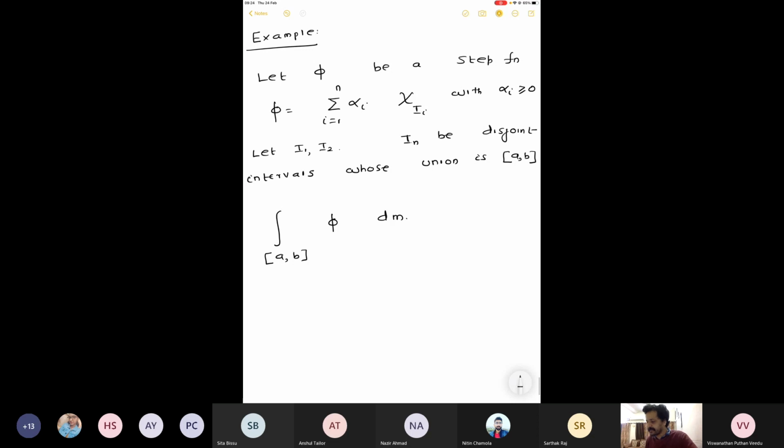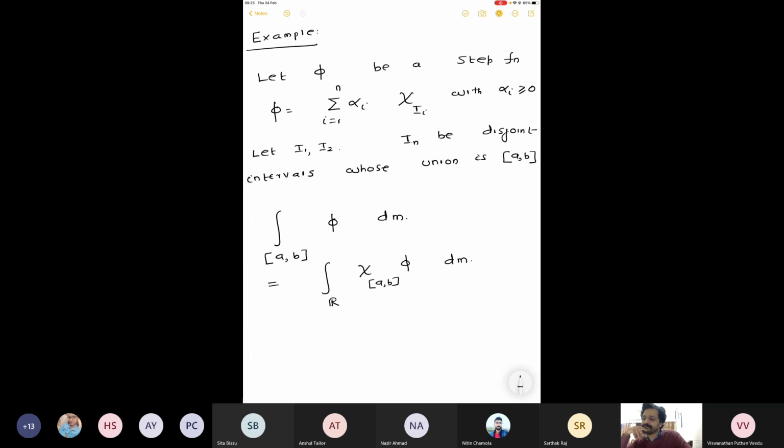Phi is a non-negative step function, so in particular it is a non-negative simple function. And for a non-negative simple function, I know how to integrate. Now, one thing: I want integration over [a, b], and I know only integration over R as such. So the first thing you need to do is convert it into integration over R of chi_{[a,b]} phi dm.